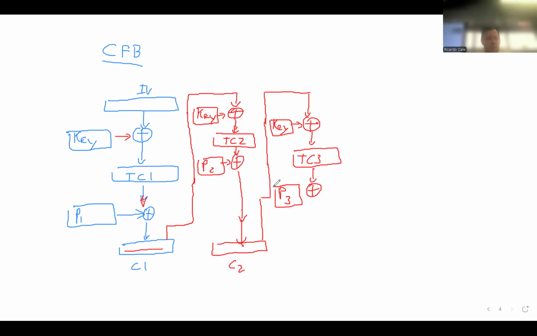Got it? And then that produces C3. But once Bob does this and sends it to Alice, now Alice has to do this whole process in reverse. So there's always this forward and reverse in these algorithms. Any questions? All right, great.